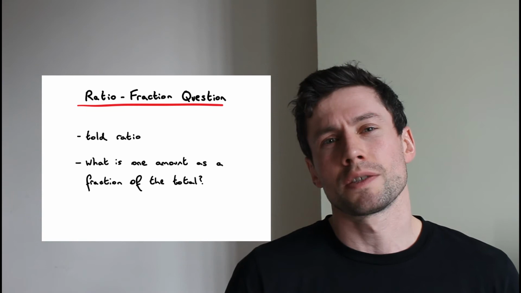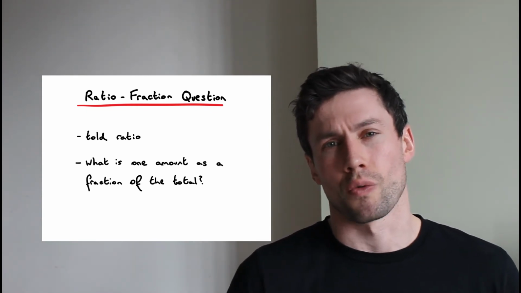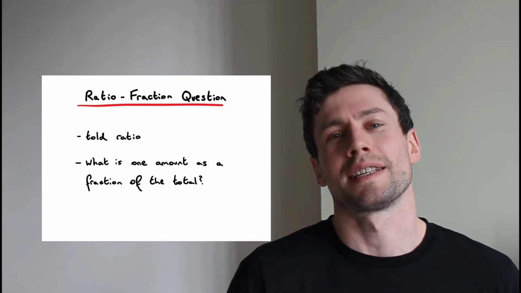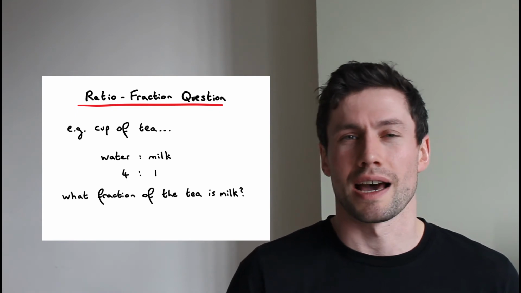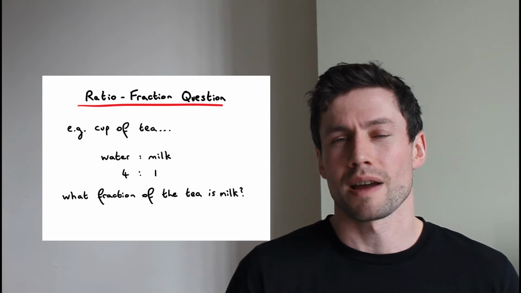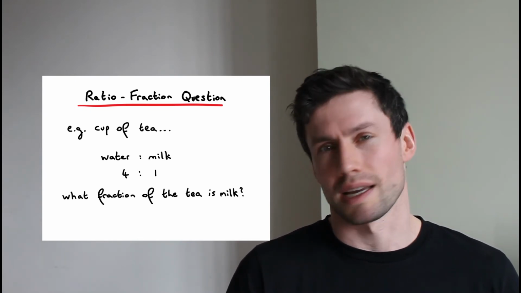The second type of question that you're going to face is what I call the ratio fraction question. This is where you're told the ratio between 2 different amounts, and you're asked what one amount is as a fraction of the total. Let's use the example of a cup of tea. Let's say we have a cup of tea that has water to milk in the ratio of 4 to 1. You might be asked then, what fraction of a cup of tea does the milk take up?